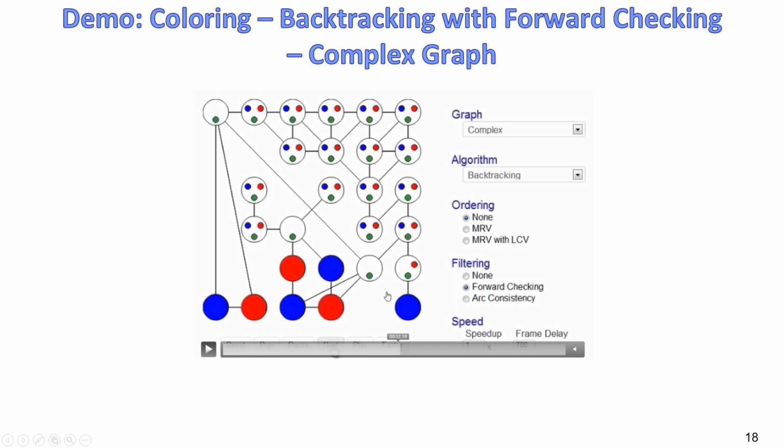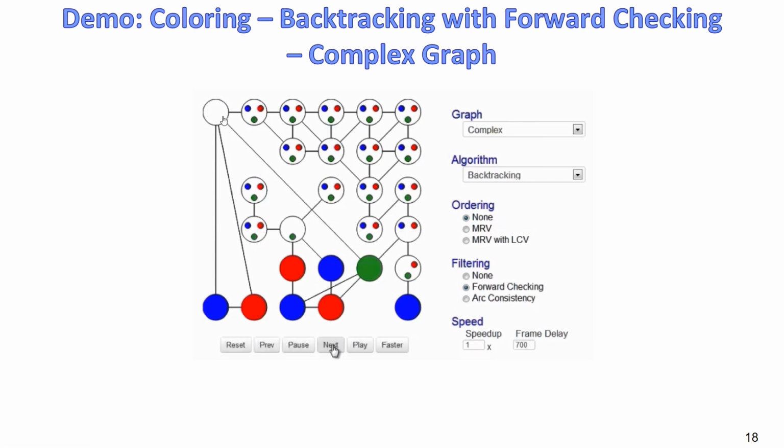Okay, now we come to this one. This one has only one value, so it has to be assigned green. Once we assign this, green is gone from here. That's not a problem, but also green is gone from here, which is now a problem. Now forward checking will detect a failure, and thus we will backtrack.